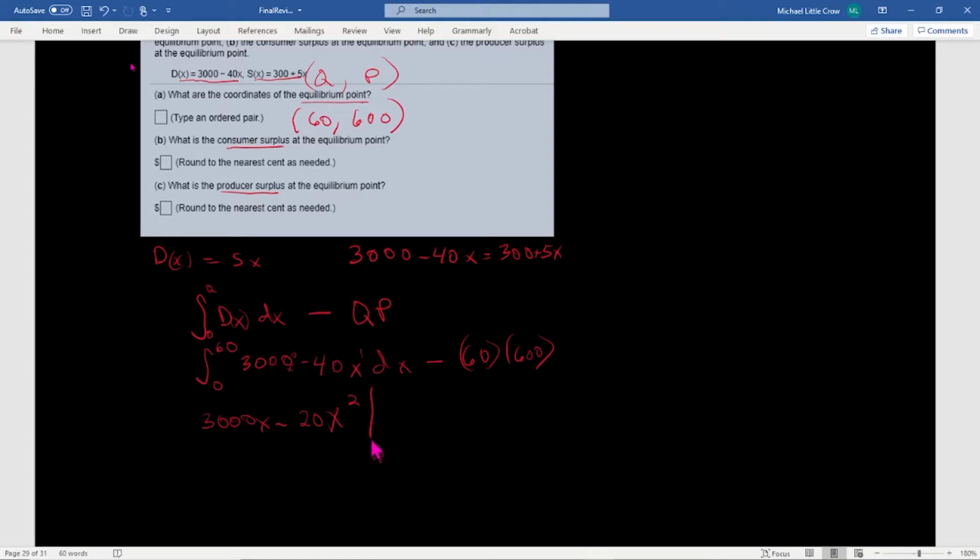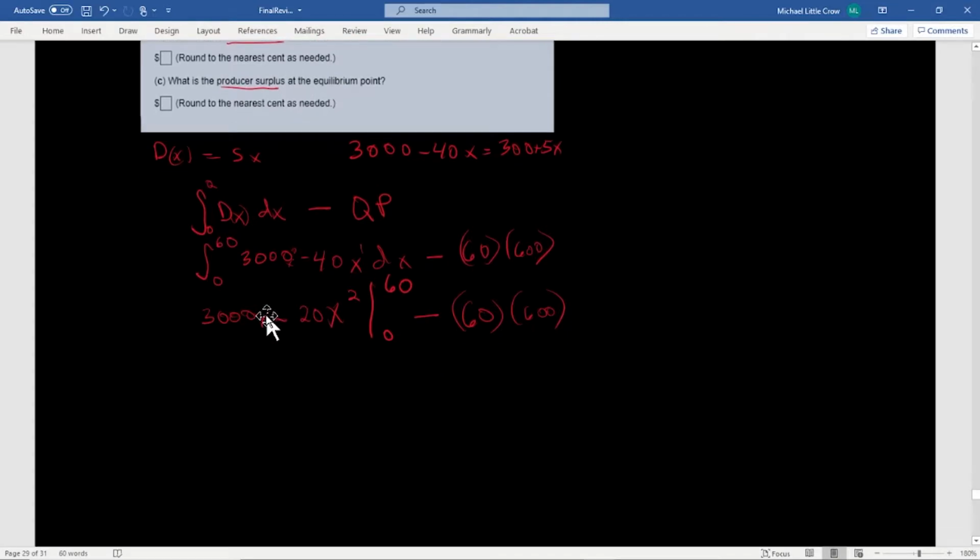And we take it from 0 to 60, and subtract off the 60 times 600, p times q. So the good news is that each of these has an x in there. So when we plug in the lower limit of 0, you'll see it happen. This becomes 0, right? 0, 0.